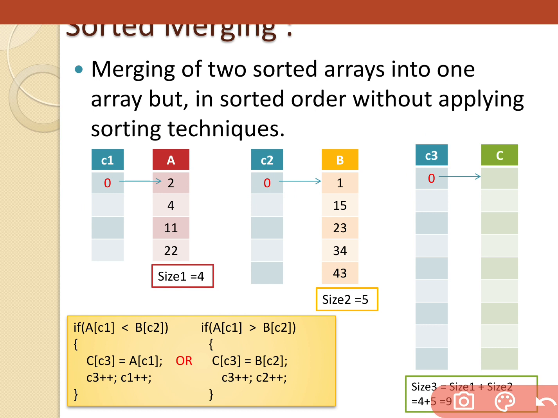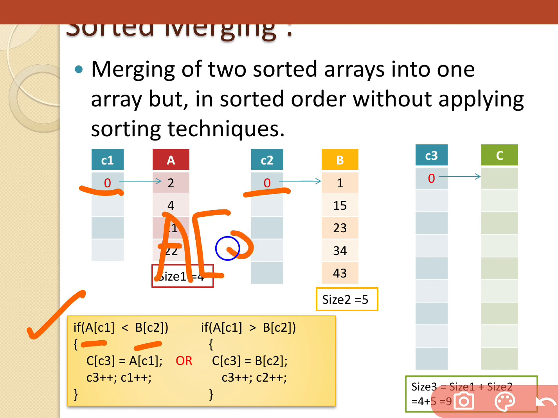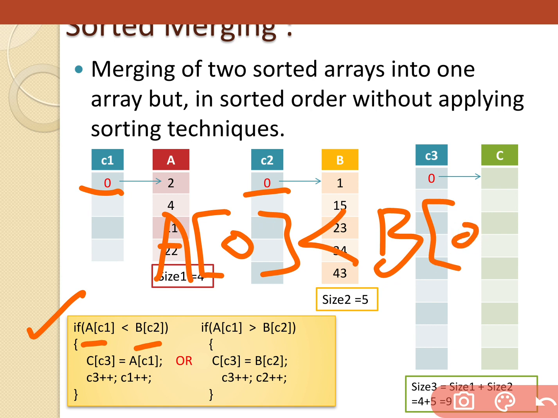See, next, what happened? How are we going to fill elements in sorted order? We have to match array location A[C1] with B[C2]. C1 contains 0 and C2 contains 0. So A0 is going to be matched with B0.